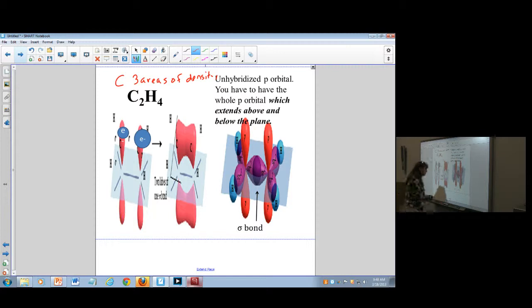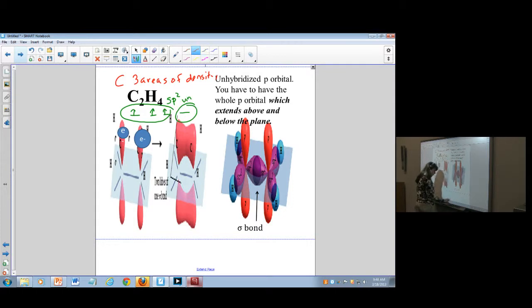All right, and when we were doing our hybridization, we need 3 areas, so we're going to take an s and 2 p's to make sp2. And we'll have to have 3 sp2s. So we're going to take this, this, and this to form our orbitals, our bonds, our electron density. And this is unhybridized.